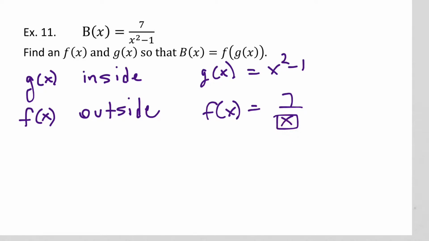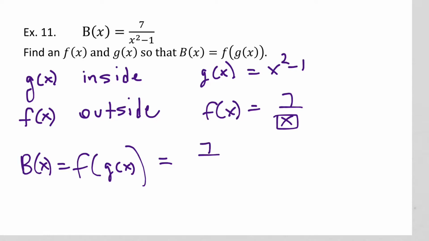So if I write that out, I can say B of x, which is f of g of x, is going to equal, so let's see, f is 7 over x. This is where our input is going to be g of x. So that's going to equal 7 over, sticking g of x in there, x squared minus 1.